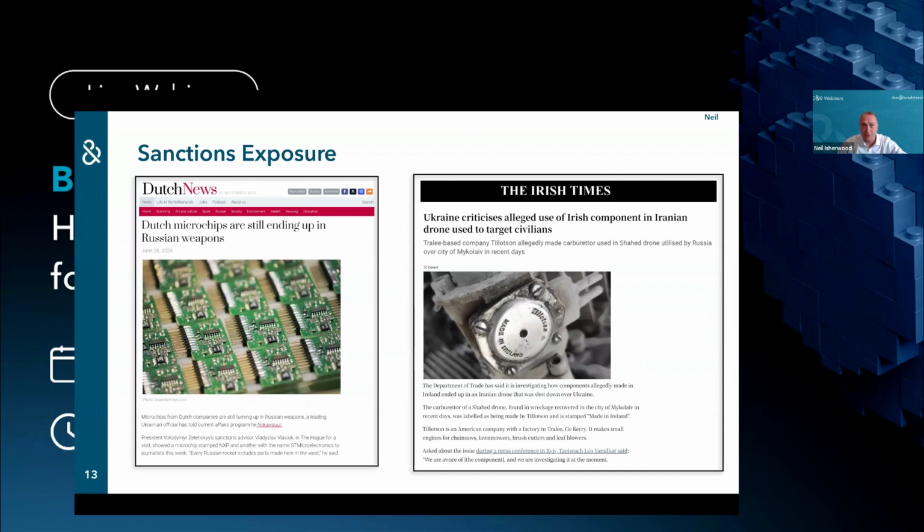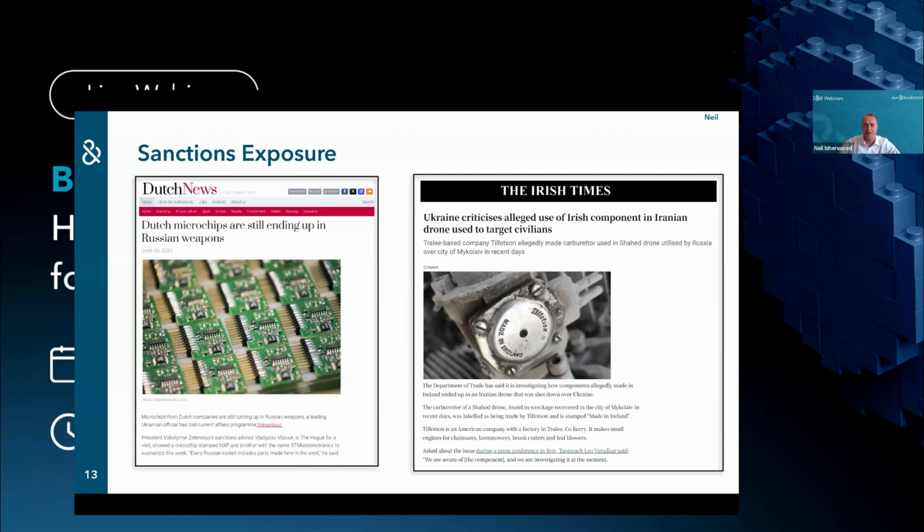And then more recently, as mentioned, there's definitely been a heightened focus around the Russia-Ukraine situation. We've seen instances where some European components are still being found in Russian drones and missiles. So clearly this is not going to look good for a company to have these parts exposed in news stories.